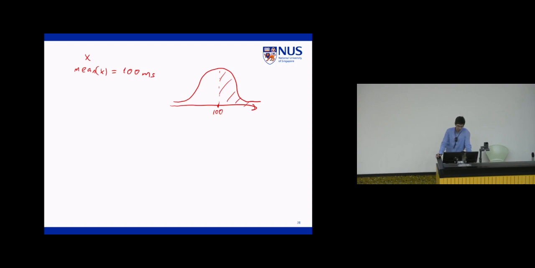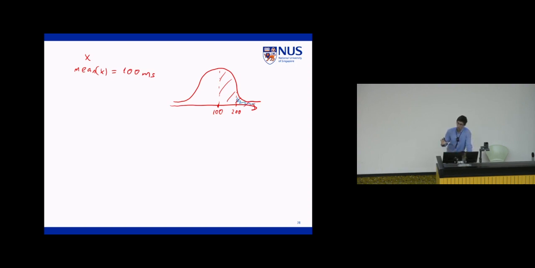So that doesn't work. Well, perhaps I can just multiply that with a constant, maybe 2, and I set it to 200. But then only a small fraction of these will be lost.